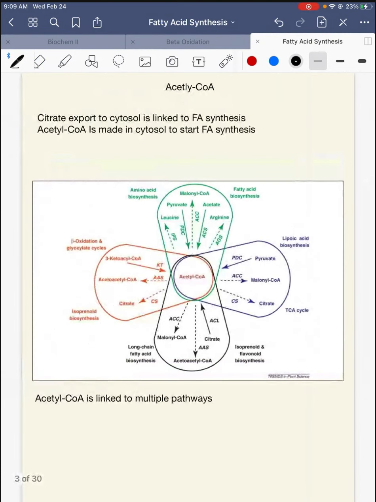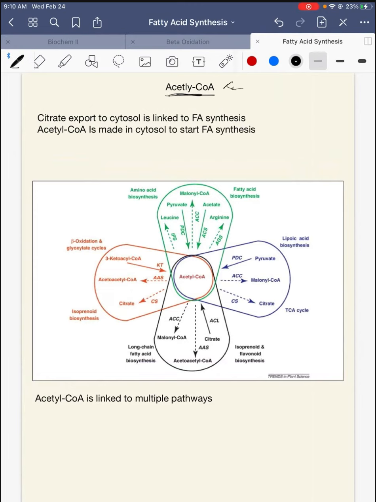Okay, so after we go into cytosol, we make acetyl-CoA, we go citrate to acetyl-CoA. We'll see that acetyl-CoA is starting to connect a lot of pathways. So when we go over beta oxidation, we'll see that beta oxidation produces acetyl-CoA.